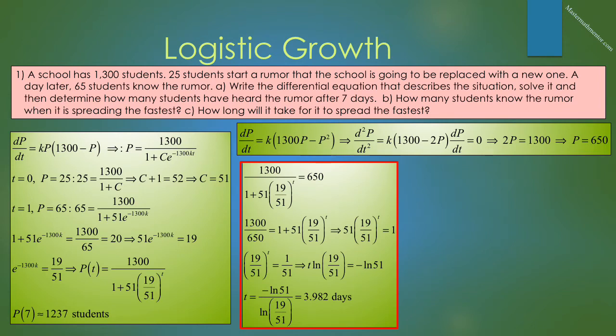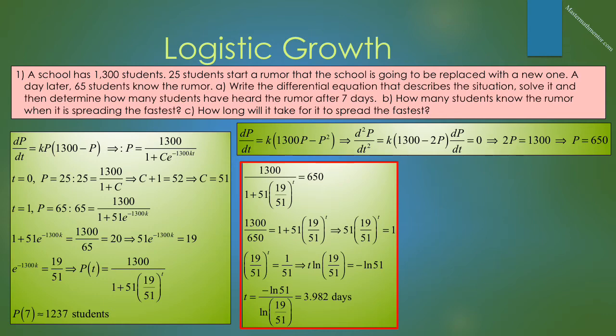Part C asks how long it will take for the rumor to spread the fastest. We know that 650 people will know the rumor when it is spreading the fastest, but that does not tell us when that happens. In order to do that, we will set our equation, 1,300 over 1 plus 51 times (19 over 51) raised to the t, equal to 650.